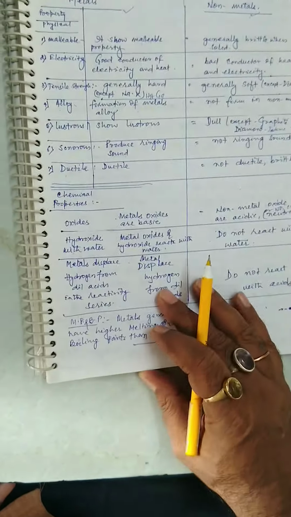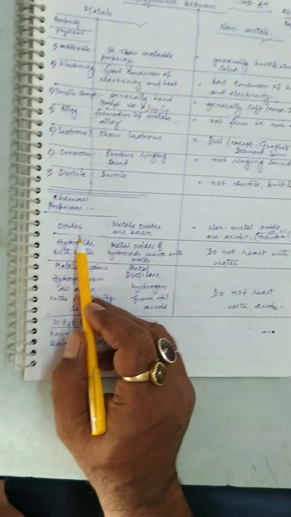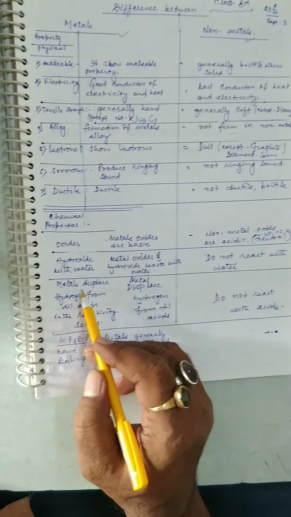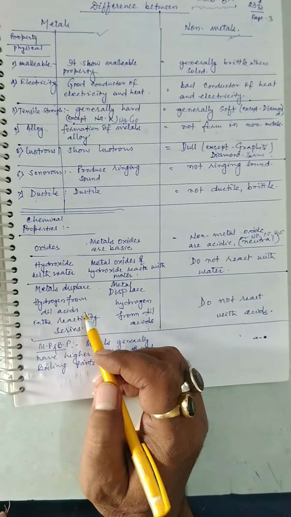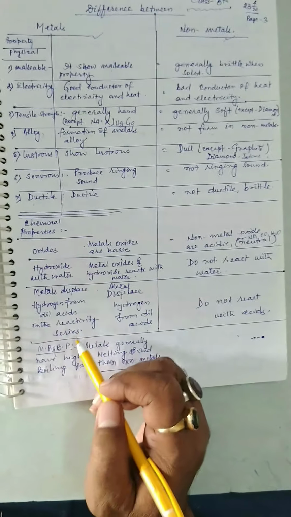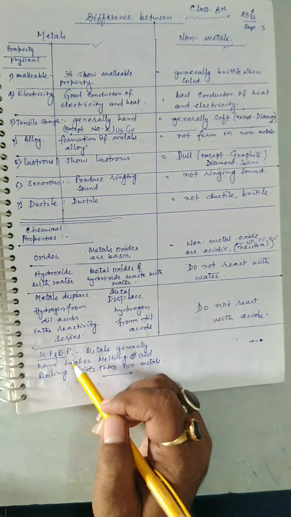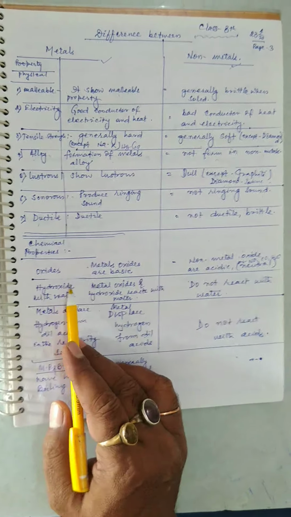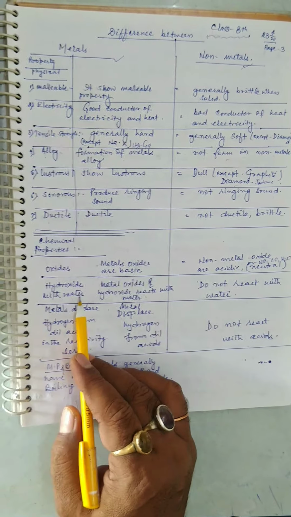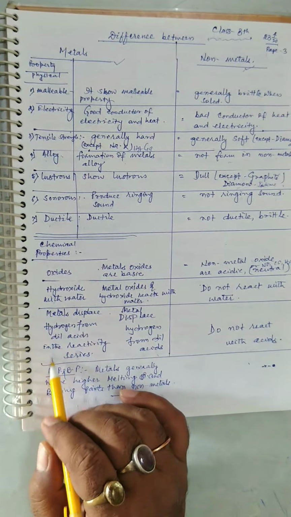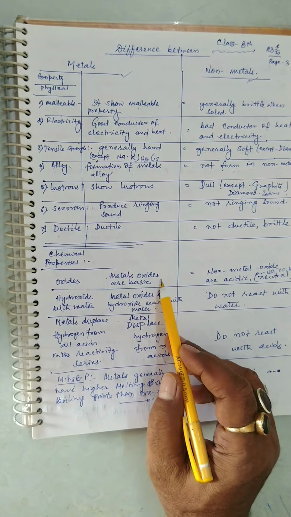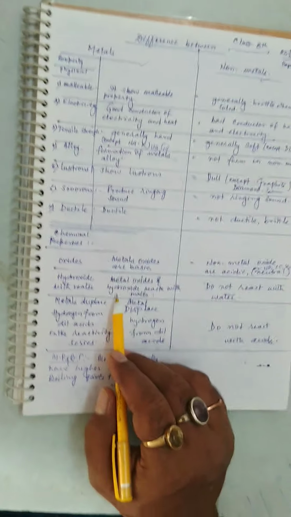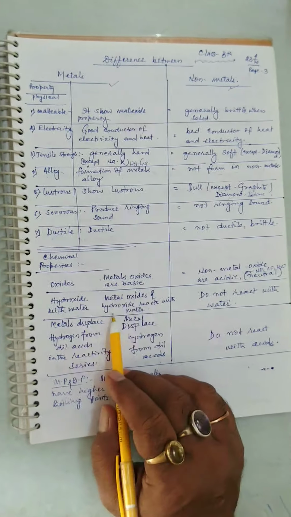Now chemical properties are important. Chemical properties: reaction with oxides, hydroxides with water, and metal displacement. Metals displace hydrogen from dilute acid. There are three important reactions. Metals form basic oxides.